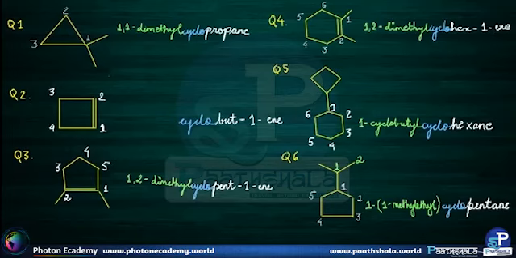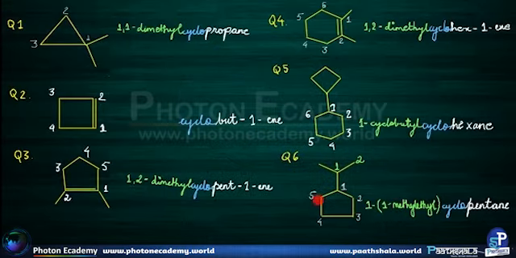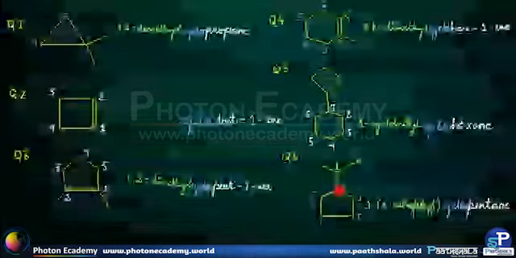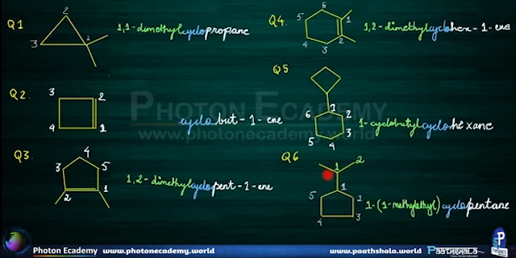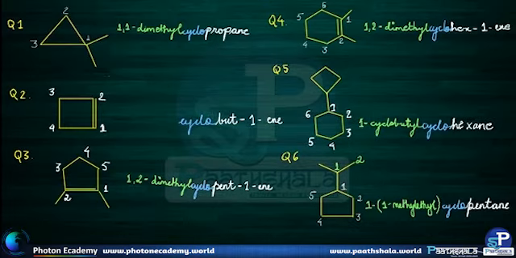So let's just see the prefix writing once because that's really important and that's the good part of this question. I've written 1 over here because on this main ring, on first carbon atom, a complex substituent is present. So this 1 represents this carbon atom. Then we place the complex substituent in round brackets.